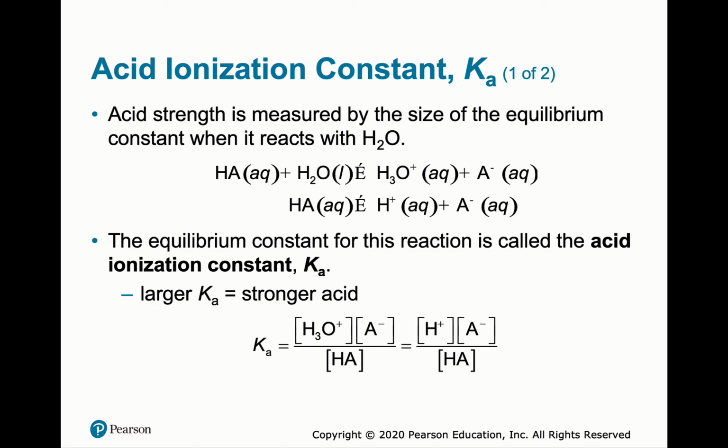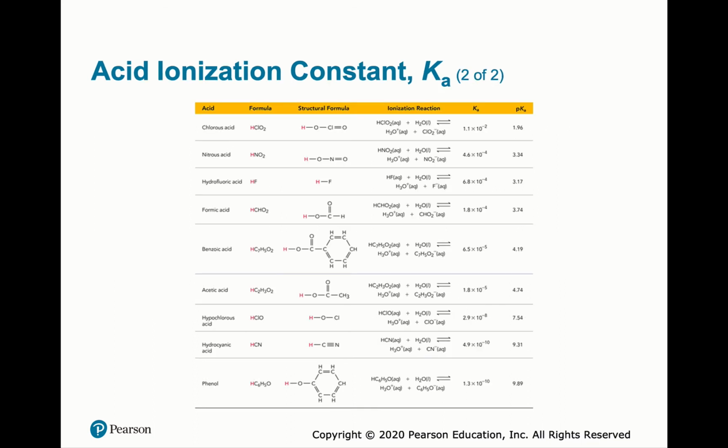So that means that the Ka is the hydronium times the anion over the acid concentration. And you can equate hydronium to a hydrogen ion if you want. So I prefer that way just because it's one less thing to write down. So here are various Ka values for various acids.